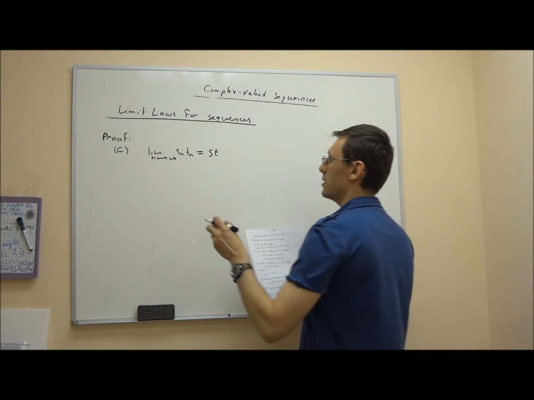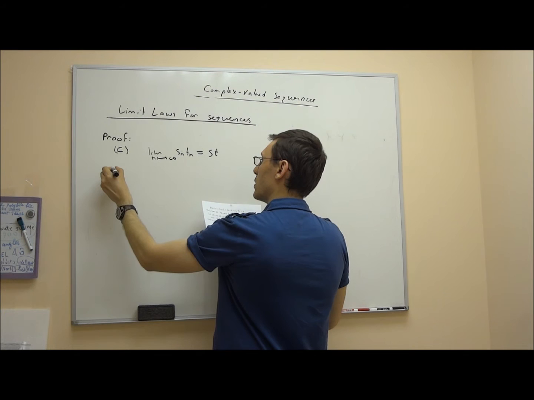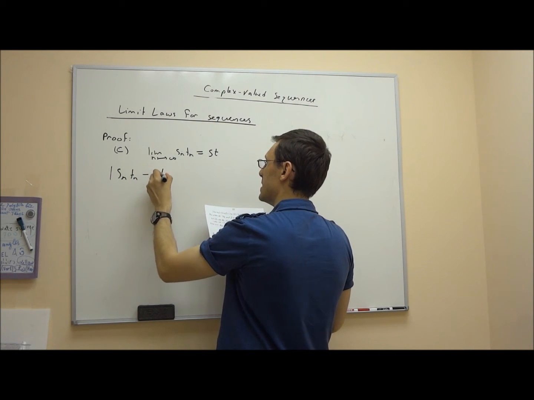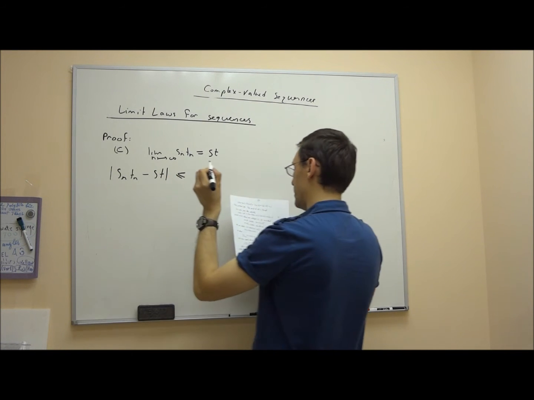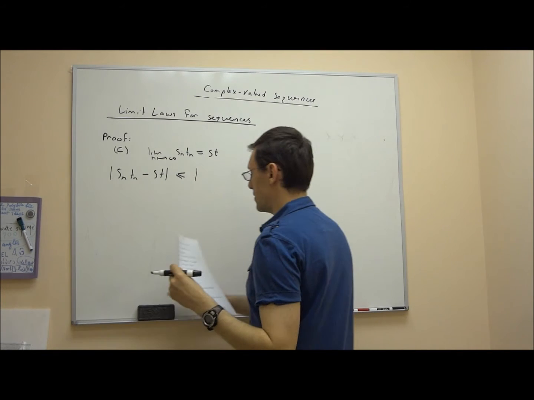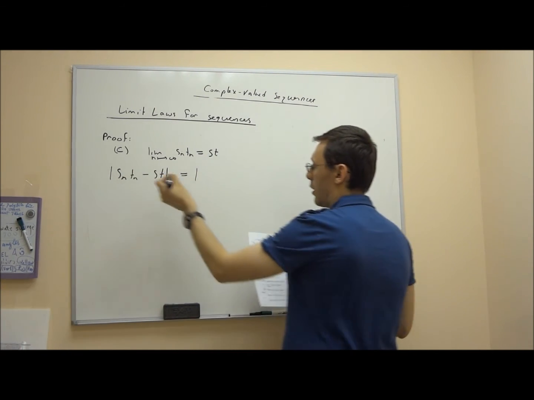So what we can then do is, we know that the absolute value of Sn Tn minus ST is going to be less than or equal to, well, let's actually first, just so that nobody is confused, write equal to our identity formula.